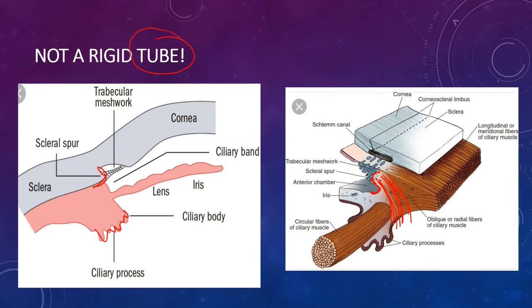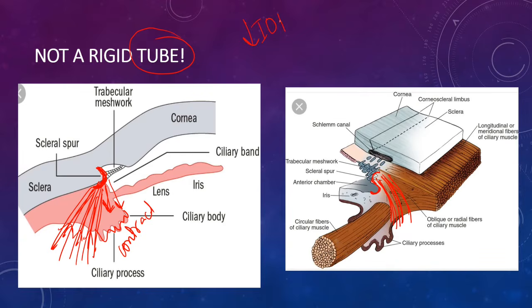As I told you, the ciliary body is connected to the scleral spur, and over the scleral spur we have the longitudinal muscle fibers. As the longitudinal muscle fibers contract, Schlemm's canal will also get pulled towards the ciliary body, and it will lead to opening up of Schlemm's canal, leading to more drainage of the aqueous humor, and it will cause a decrease in the IOP.